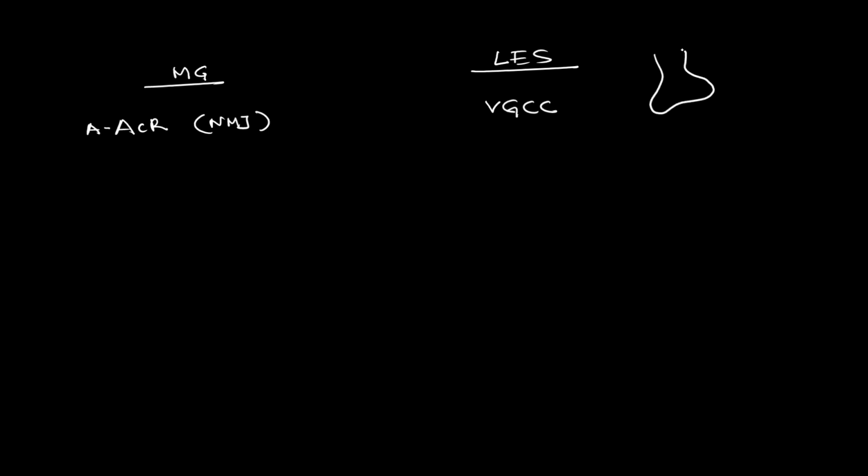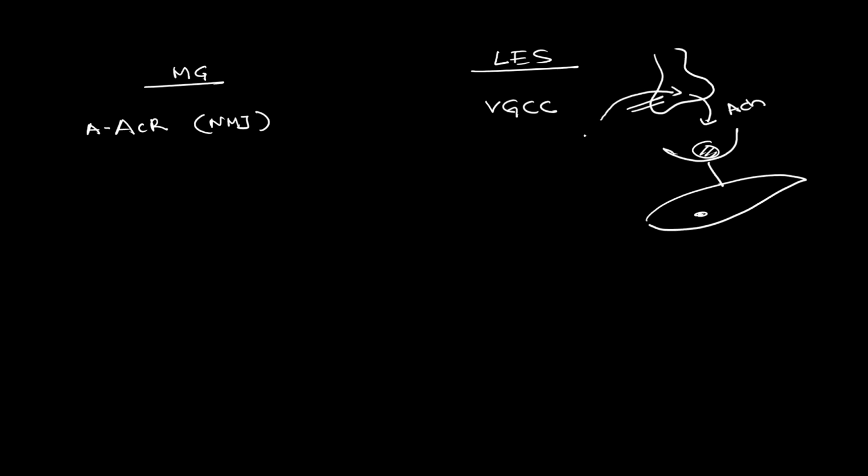Now there is this presynaptic neuron, and the receptor for the muscle. The presynaptic neuron will release acetylcholine, which will bind to the receptor and cause muscular activation. In this case, acetylcholine is only released if there's an influx of calcium from the vicinity into the presynaptic neuron through the presynaptic membrane.